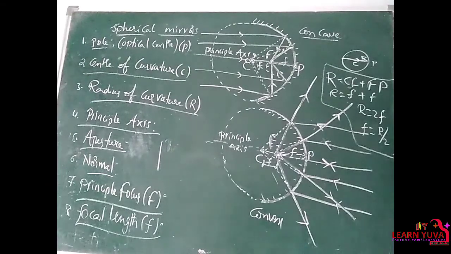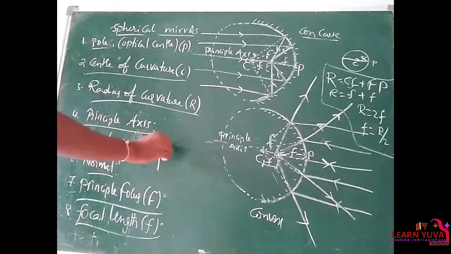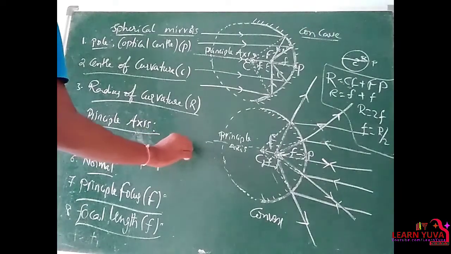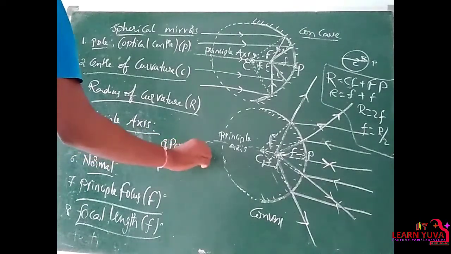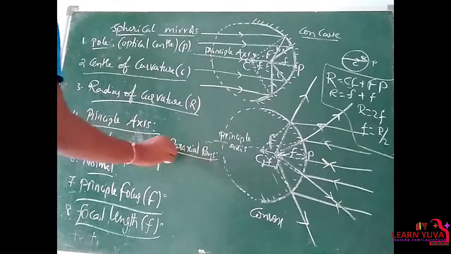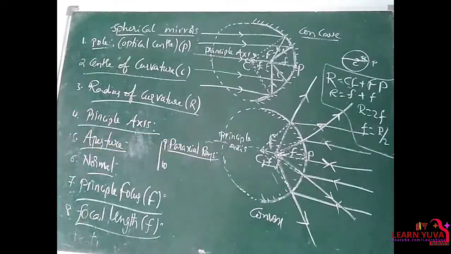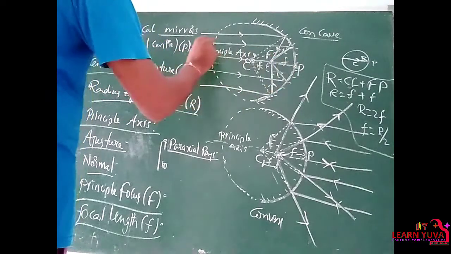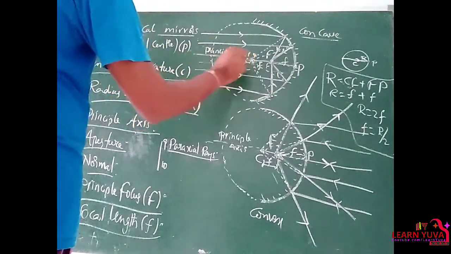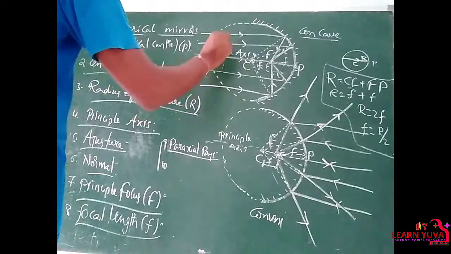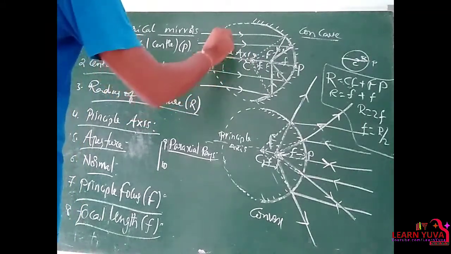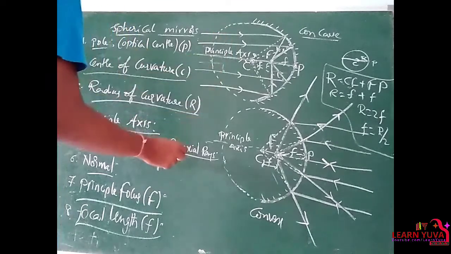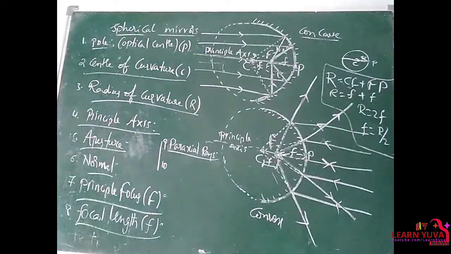So next one is paraxial rays. Paraxial rays are the rays which are closer to the principal axis. To this principal axis, the rays which are very close to the principal axis, those rays we call paraxial rays.